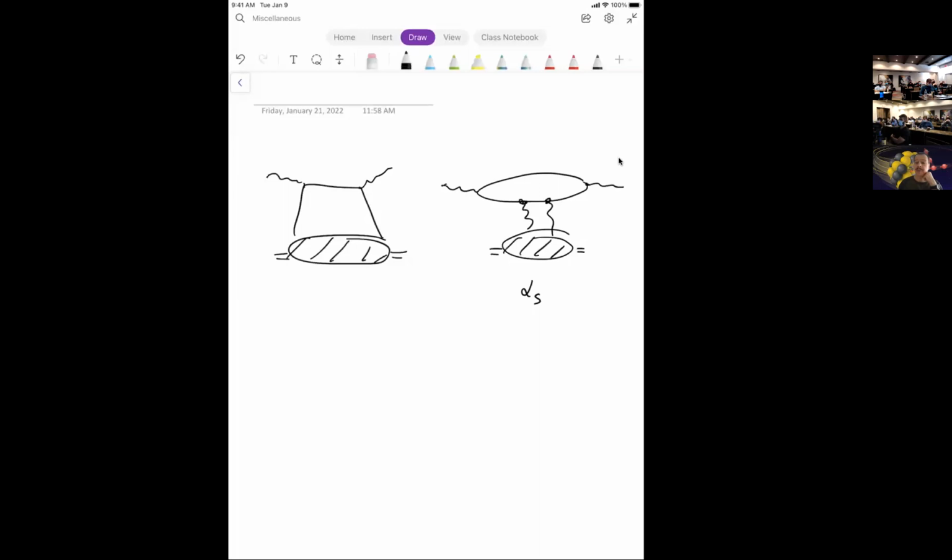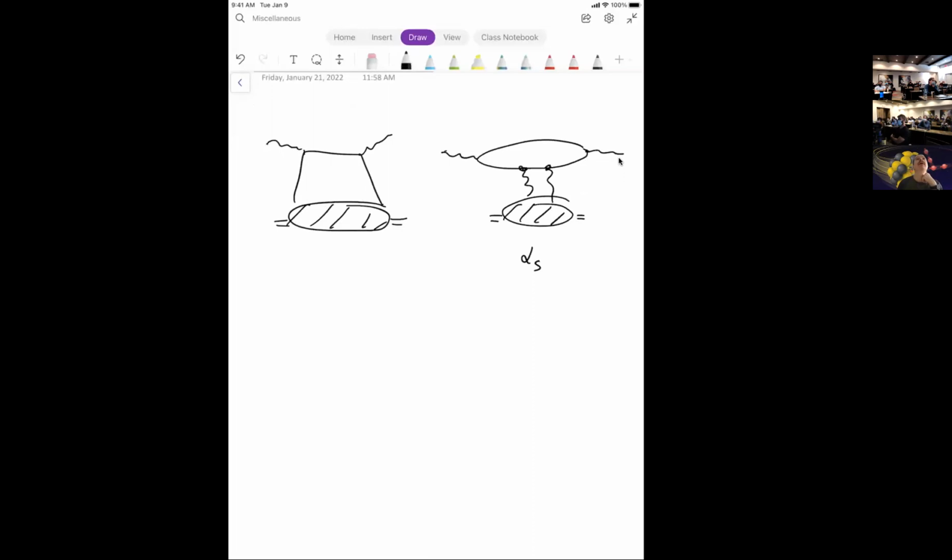But what about the power of x? Well, then you have to do a calculation, and the rule of thumb is if you have a high energy scattering diagram where you exchange a particle with spin j, then as you can check by explicit calculations, for regular QCD type of couplings, the scattering amplitude at high energies scales as center of mass energy to the power of the spin j.